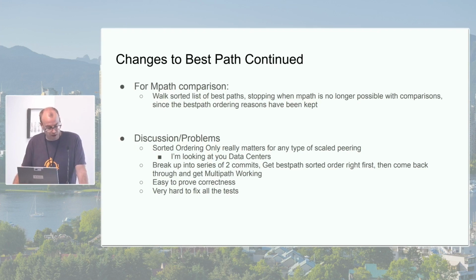What really becomes hard is that there are a lot of test systems out there that assume a specific order of the BGP best paths, and they will fail. What I'll end up having to do is go and convince all these different people that the change in ordering of the display hasn't changed what my best path is.